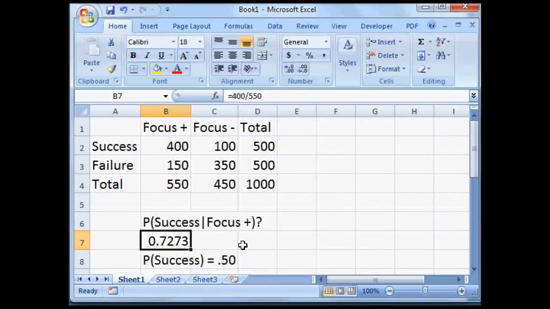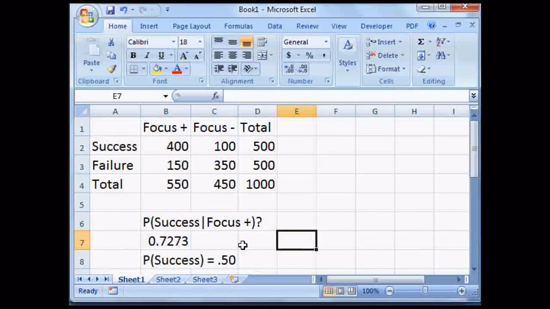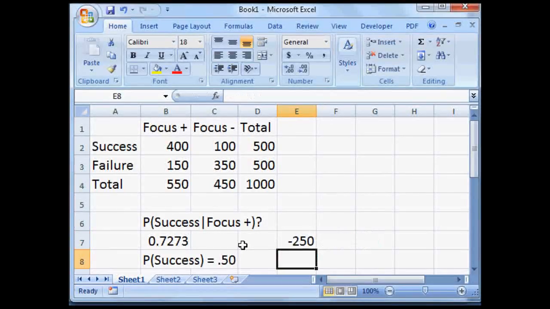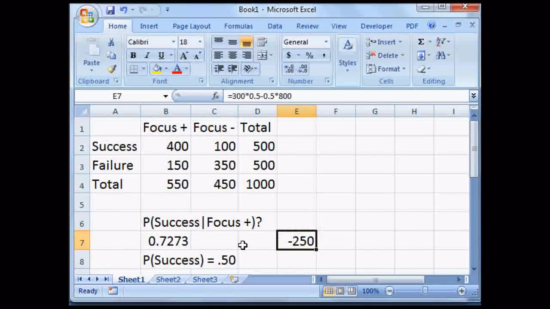And so the question then is, is it profitable at that rate? Remember last time when we had a 50% chance of 300, and we had a 50% chance of losing 800. So that was the old expected value of the project. But now we can do a new one.